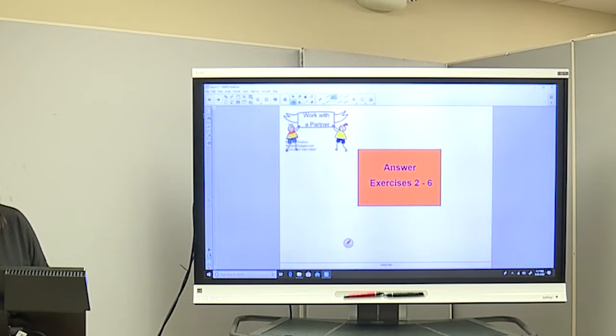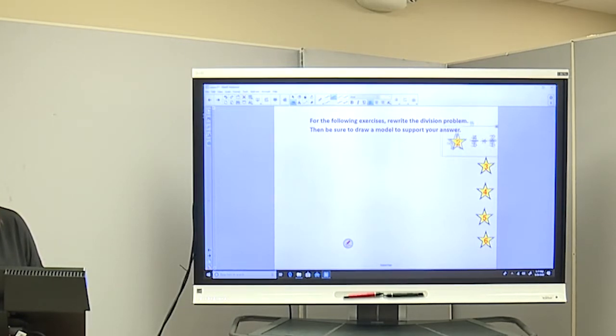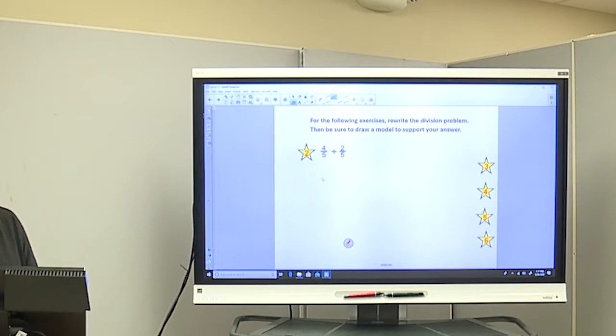Continue with exercises 2 to 6. So if you have your packet with you, there are several exercises that you can work on. For example, this one right here: 4/5 divided by 2/5.